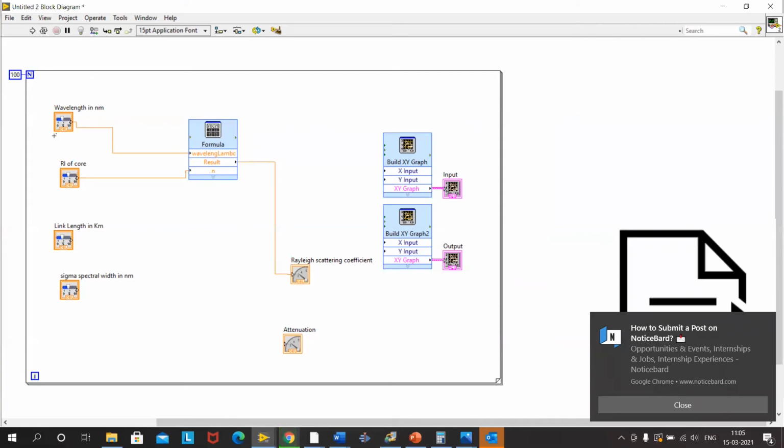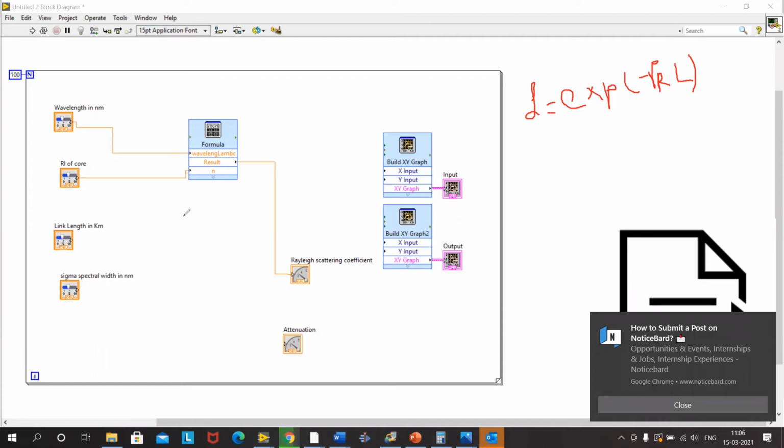The next task is calculating our loss factor, which is an exponent. We know that our loss factor is equivalent to, as I have already written, exponential of minus gamma r into L, where L is 1 kilometer, and since the unit of gamma r is per meter, this L has to be replaced by 1,000.